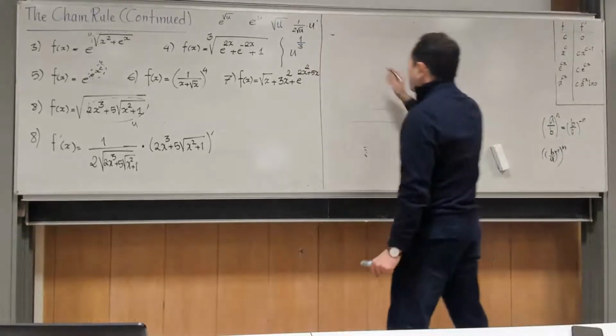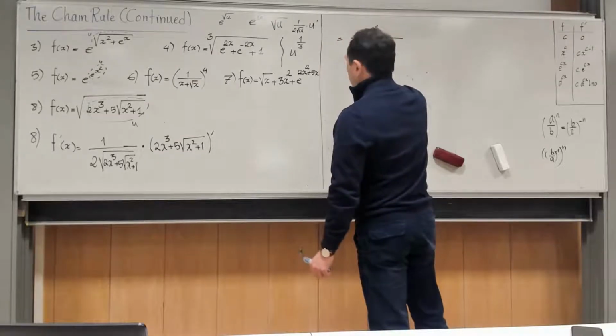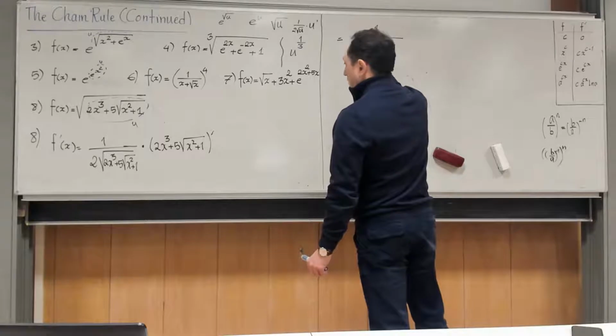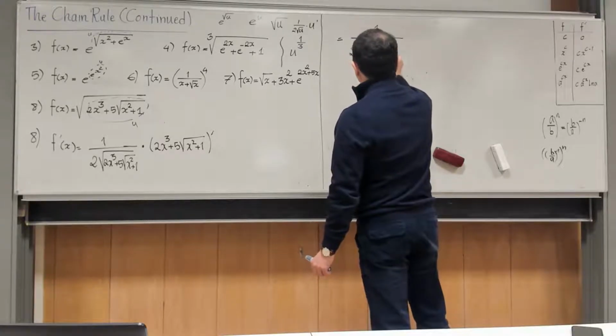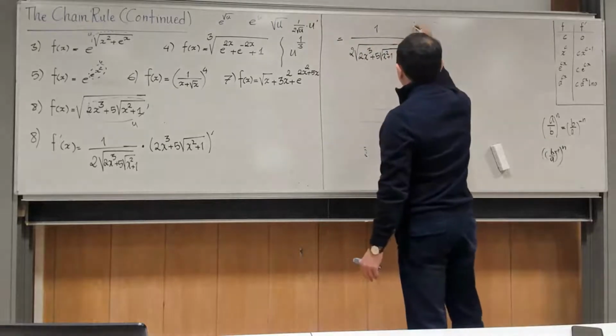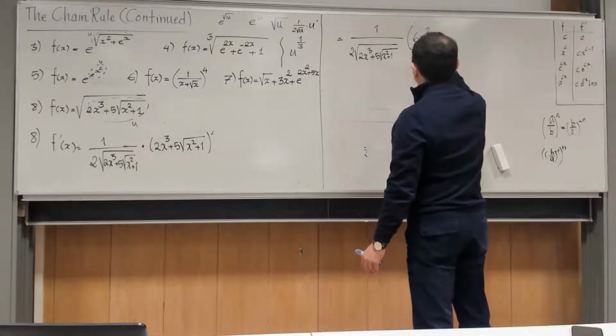Okay, so this becomes equal, the copy paste part you just quickly do, 1 over 2 square root of 2x to the 3 plus 5 square root of x squared plus 1. And then the derivative of the first one is just simply 6x to the 2 plus 5.